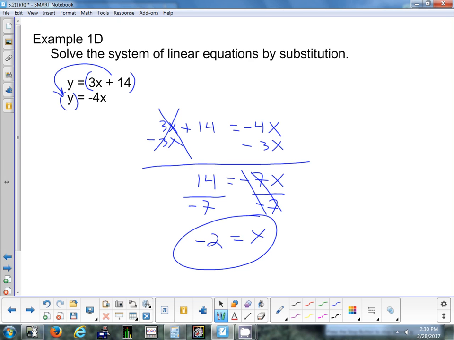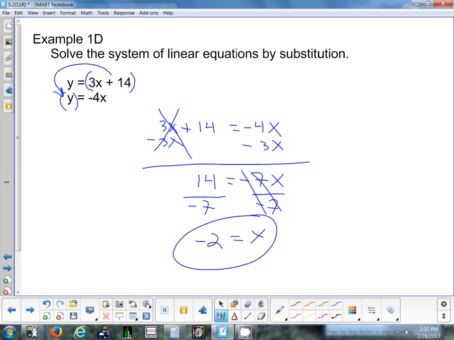Plug it in for what? Where? He's actually telling you which one. Just tell him where it goes. I'm going to go with the top one.